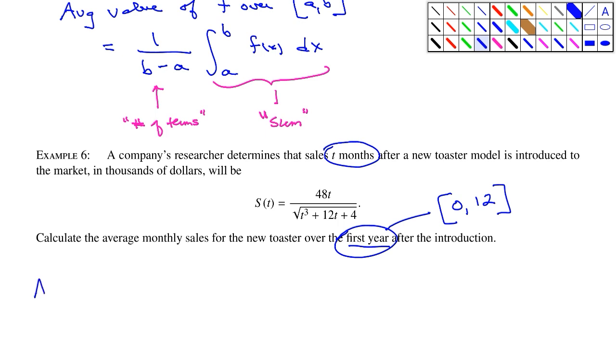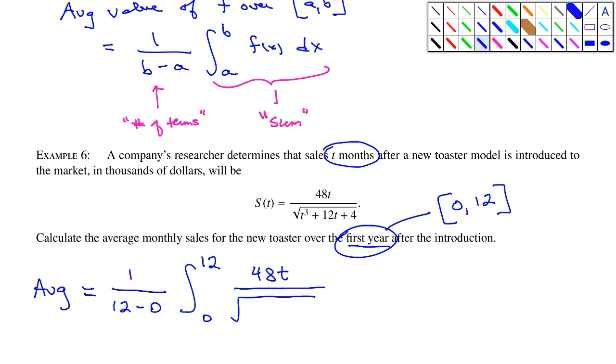So the average value is going to be 1 over 12 minus 0 times the integral from 0 to 12 of 48t over the square root of t cubed plus 12t plus 4 dt.